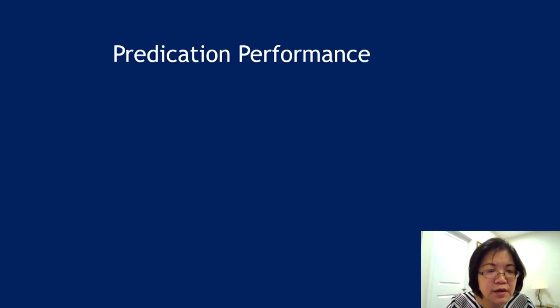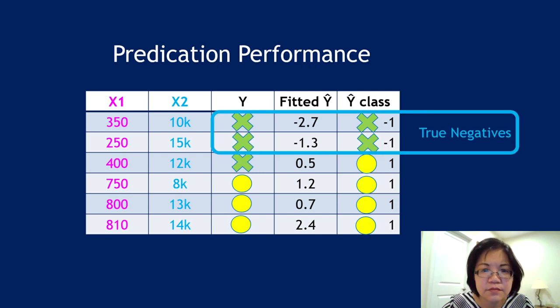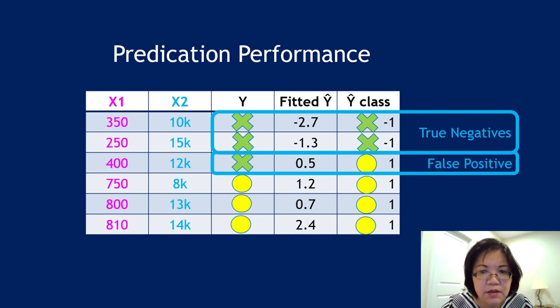Once we have the predictions, then we can look at how well we have performed with the predictions. These are correct predictions. So the actual y's are crosses, and we actually predicted crosses. So these are true negatives.